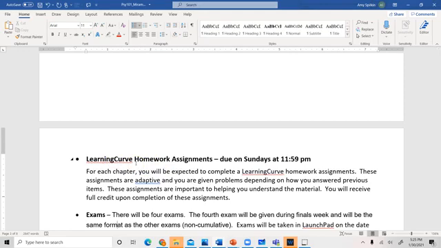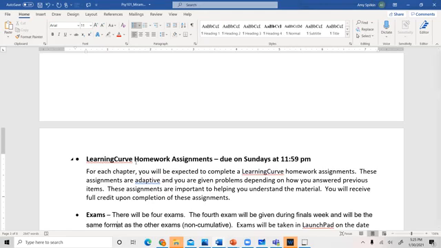Those are what we call adaptive homework assignments, and you're given problems depending on how you answered previous questions. These learning curve assignments are really important to help you understand the chapter. So basically it goes through, and by the time you finish a learning curve assignment, you should really understand that chapter. These are very important to me because I really want you to understand the material in the textbook.